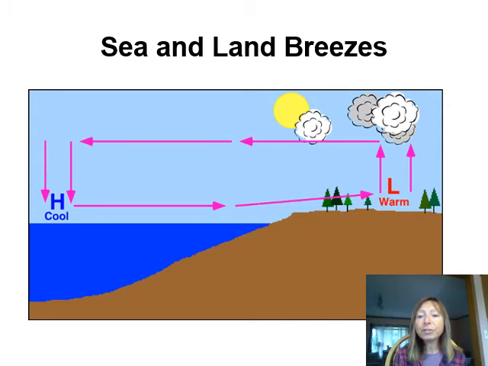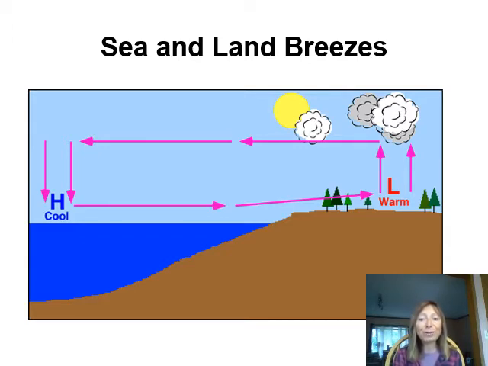This convection cell mechanism works at a variety of scales, from very small convection cells to huge global systems. We can illustrate it with the sea and land breezes, which we experience here in West Michigan as lake and land breezes. You all have experienced it.